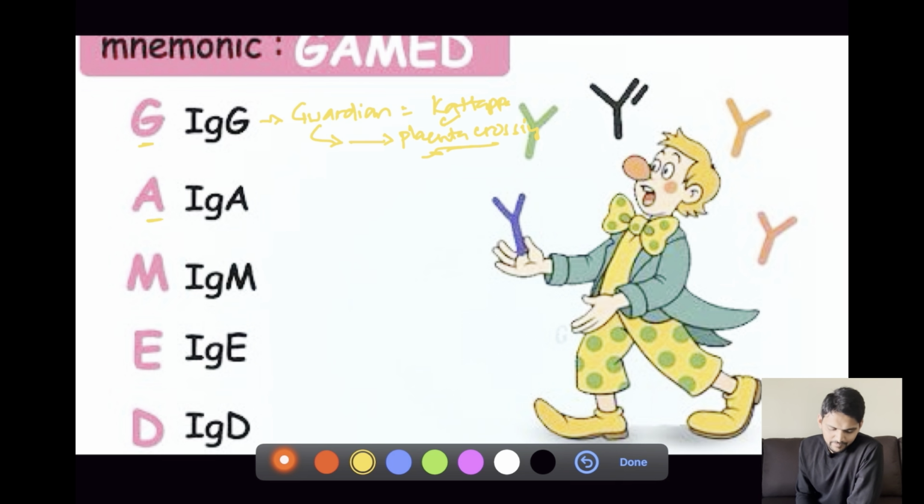Immunoglobulin A is mainly in the secretions like our tears or saliva, we can say, even the breast milk. That's why breastfeeding is also very, very important to get immunity from the mother. IgM is a macroglobulin, a huge pentamer, we can say.